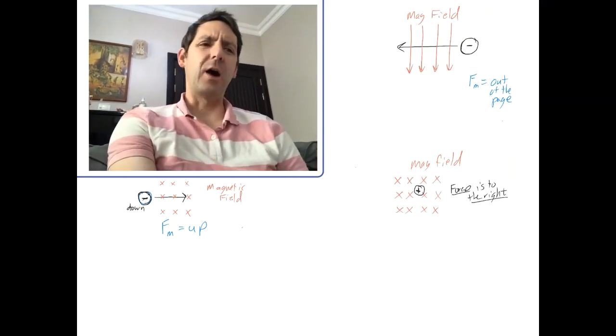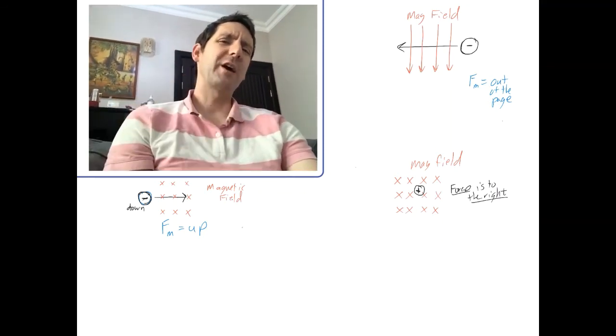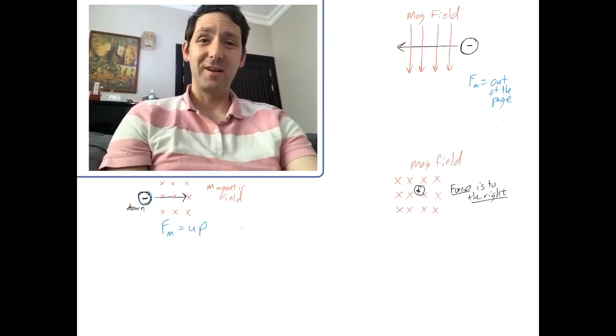This is a positive particle, you can see it drawn on there. Can you figure out what direction the particle was moving?